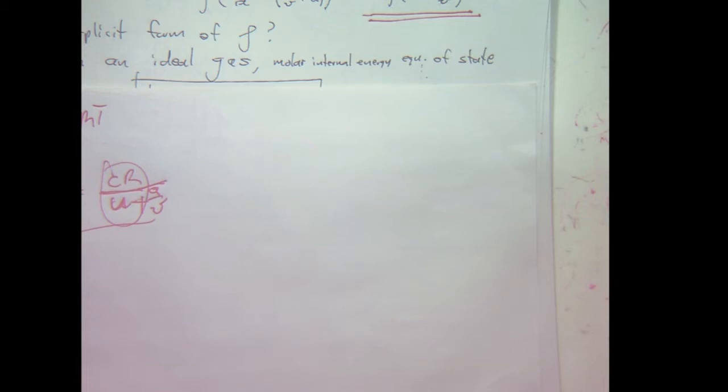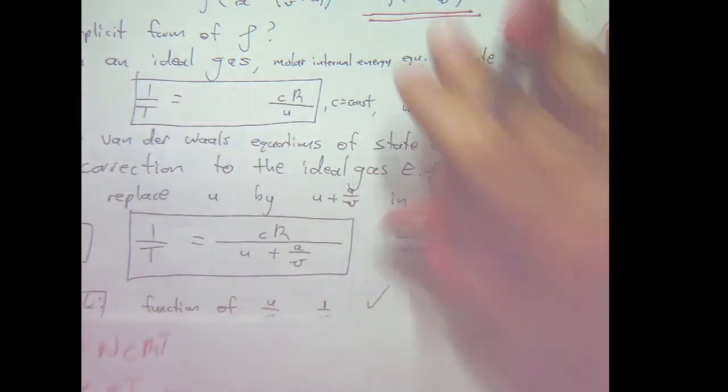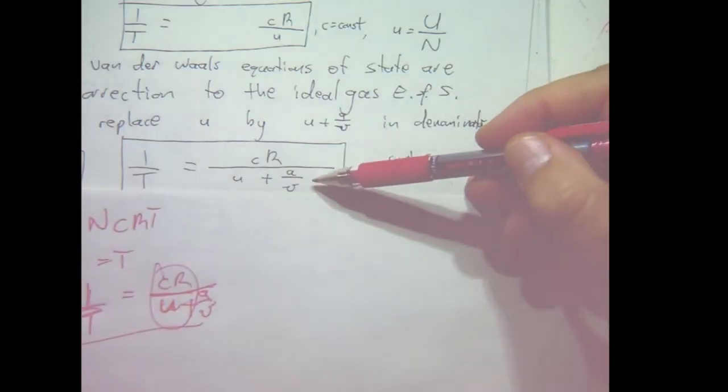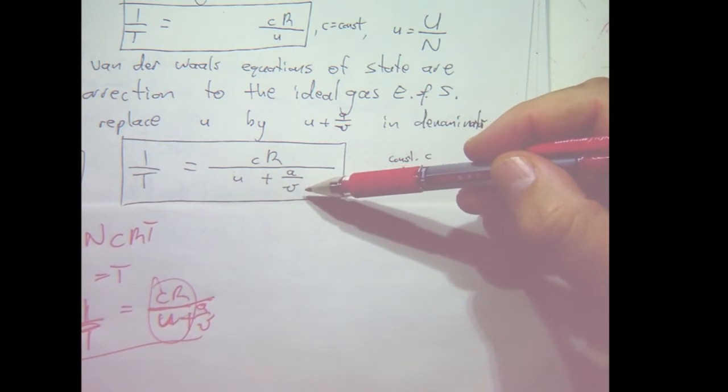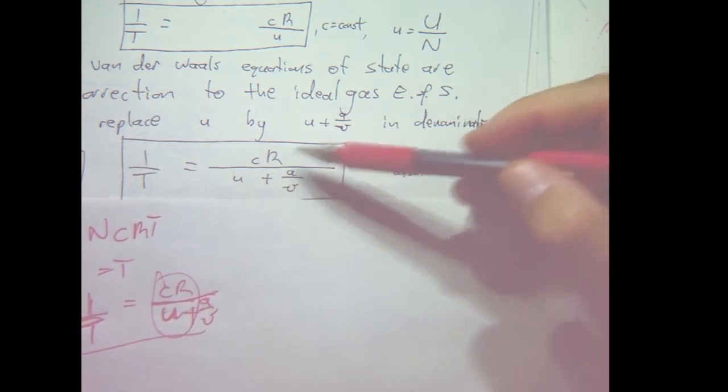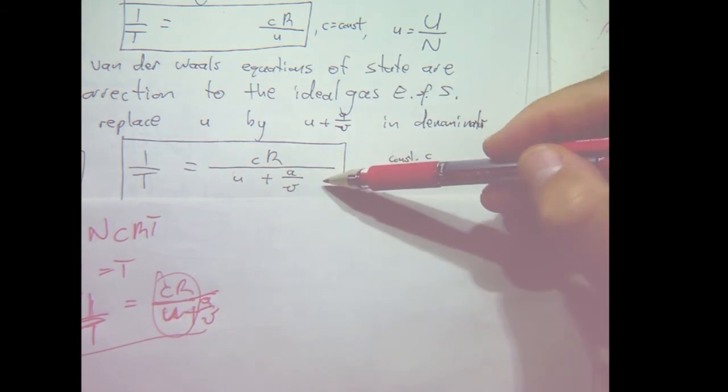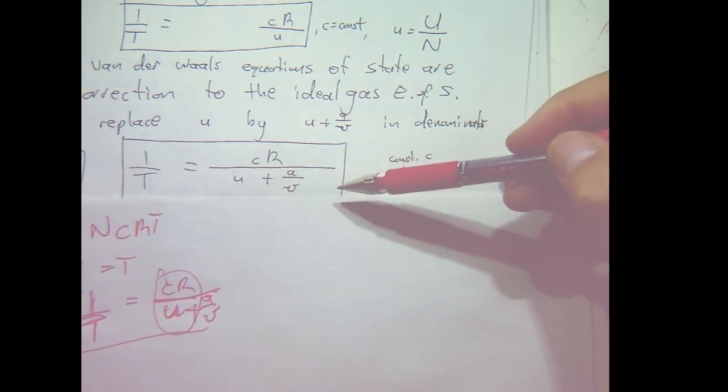A physicist would tell you, if you derive the van der Waals equation properly, you have thrown out all the more complicated terms. So by the same argument, we keep the simplest term here, not u plus a/v squared, or u plus a/v cubed, or u plus a/v plus u plus a/v squared.